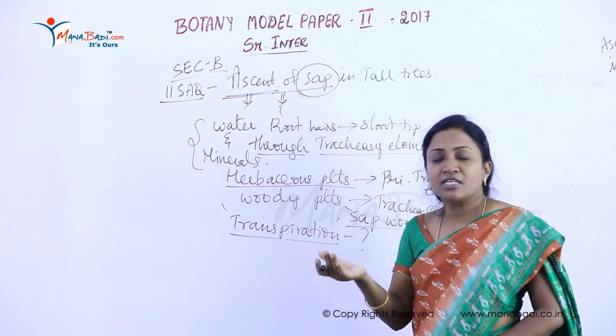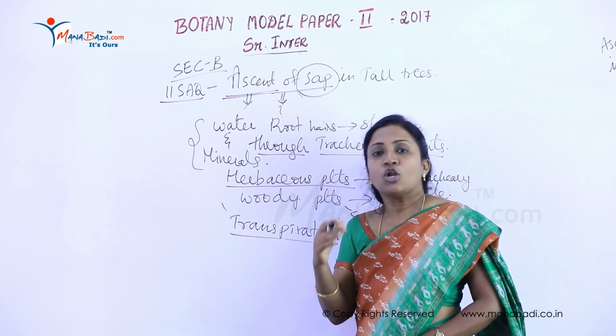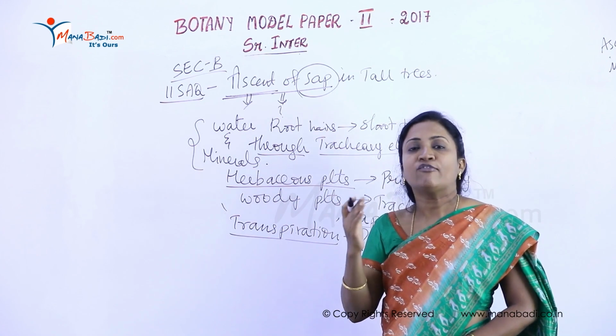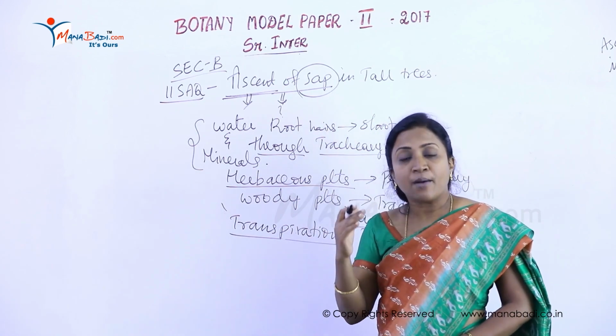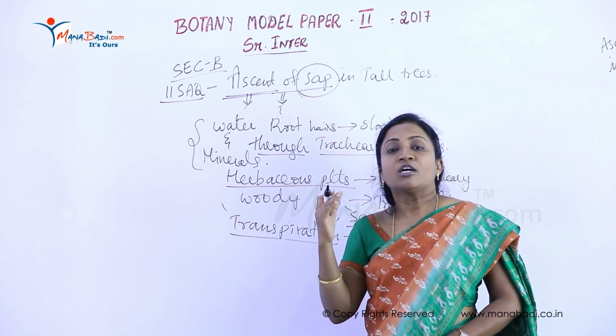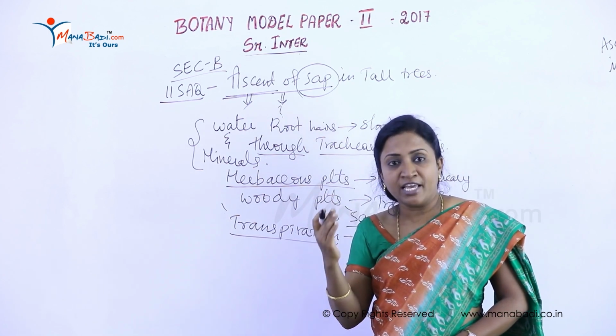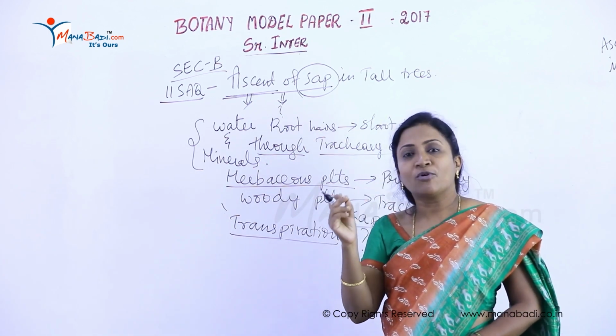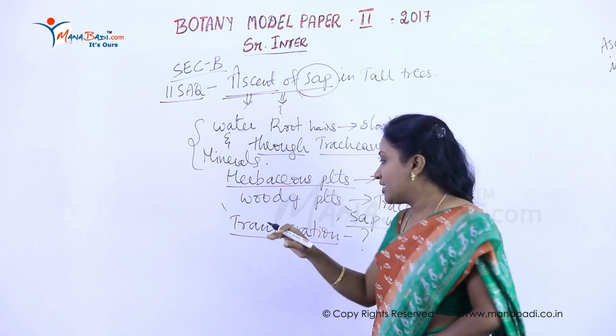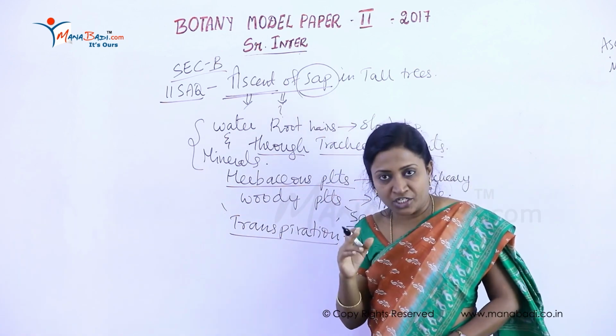Once again I repeat, transpiration is the loss of water in the form of vapor from the aerial parts of the plant body, that is the leaf, through the small pores called stomata.